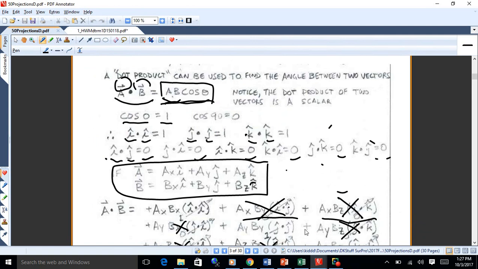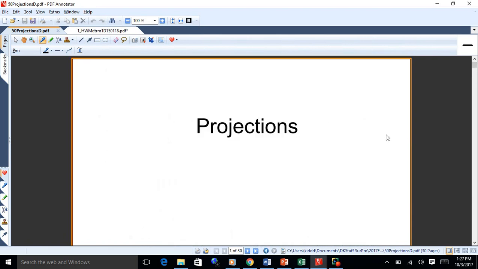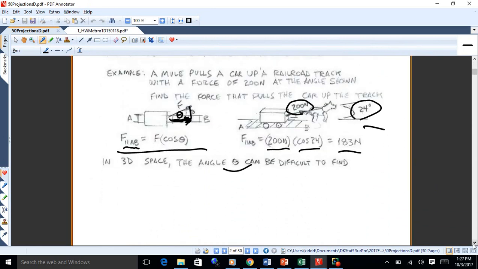All right, so we'll keep going here on the stuff we got into yesterday. What we were doing yesterday was projections. A projection is taking a force and finding the component of the force that acts on a given line.